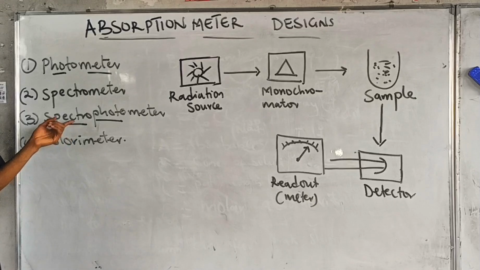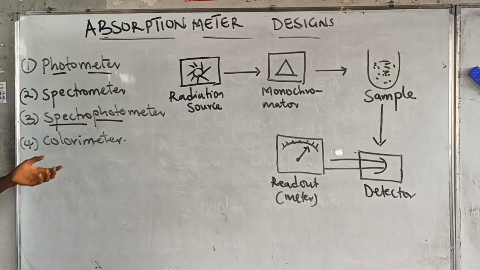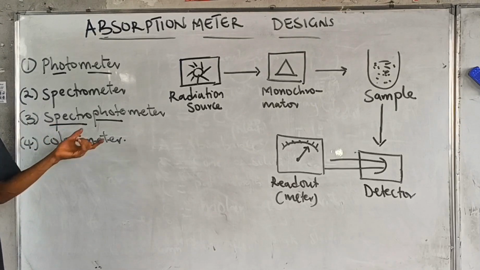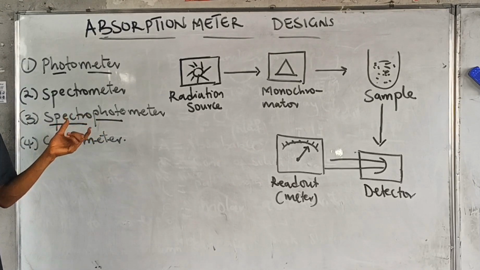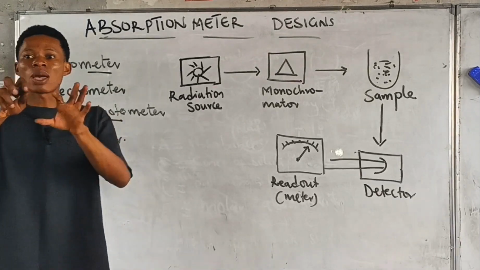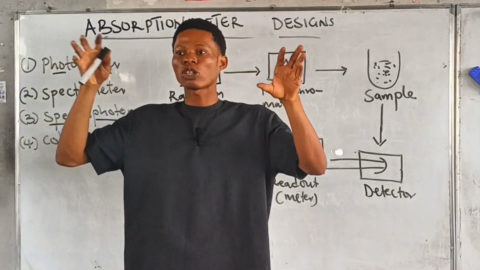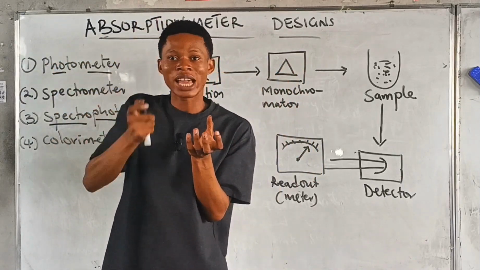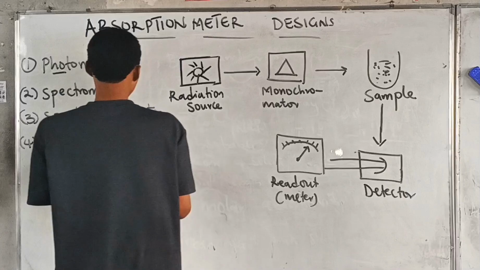From the word you can see spectro-photo, spectrometer and photometer combined together. Spectrometer separates light into its different components, photometer measures the brightness. So spectrophotometer has the ability to separate light into its different colors, then measure the amount of each color of light.